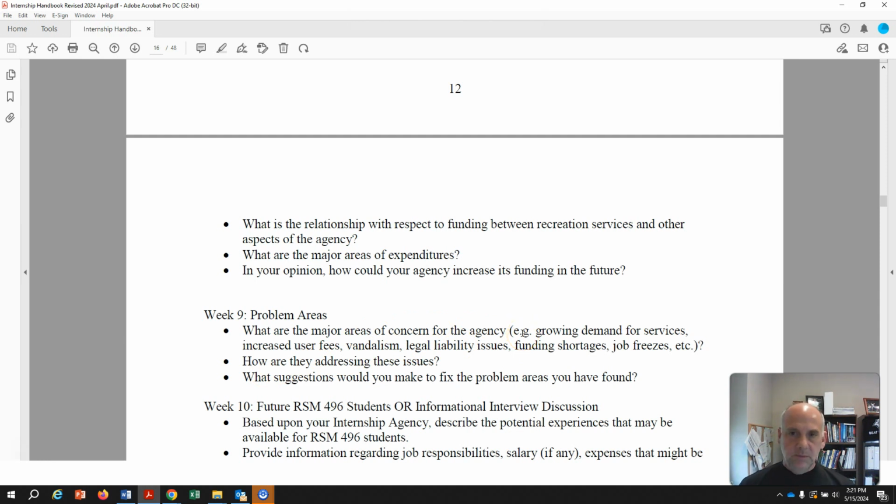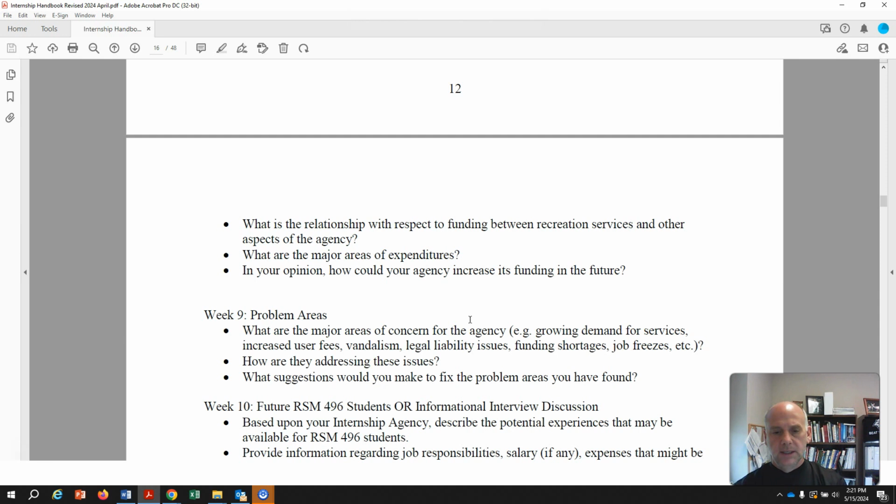That should be something you talk with your site supervisor about and see what kind of problem areas they are having within their agency or within the field, and you come up with some suggestions of how to deal with those problems. Okay, and they can talk about how they're trying to address that as well.